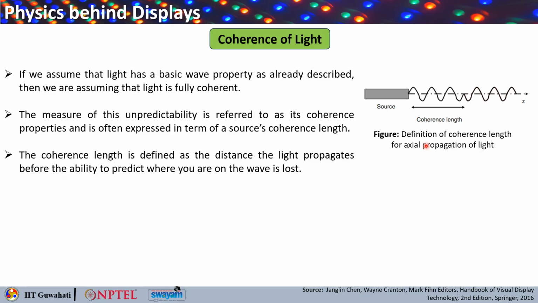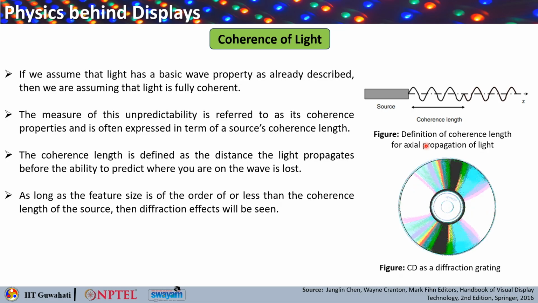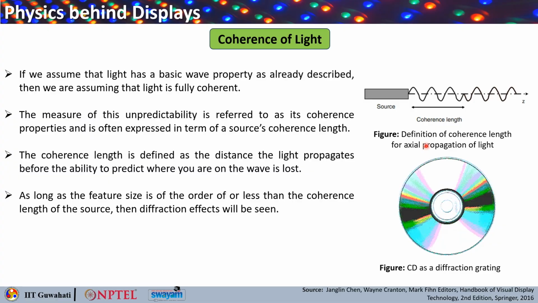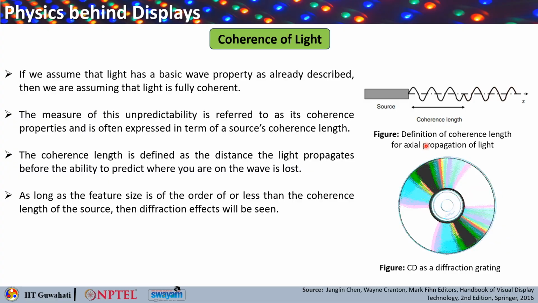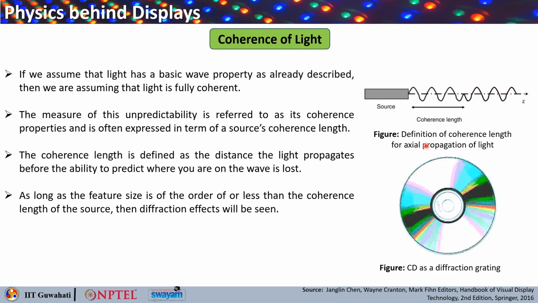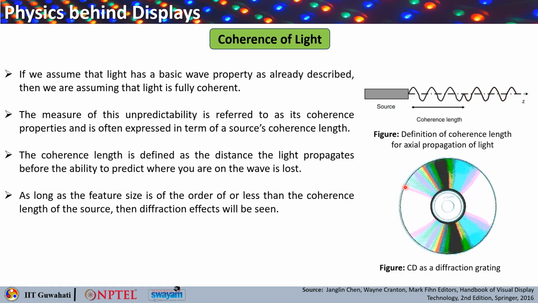Now, for example, why is it not possible to see the diffraction pattern from a compact disc or CD when viewed with a thermally random light source such as a tungsten filament light bulb? The answer lies in the relative size of the feature on the CD with respect to the coherence length of the light source.